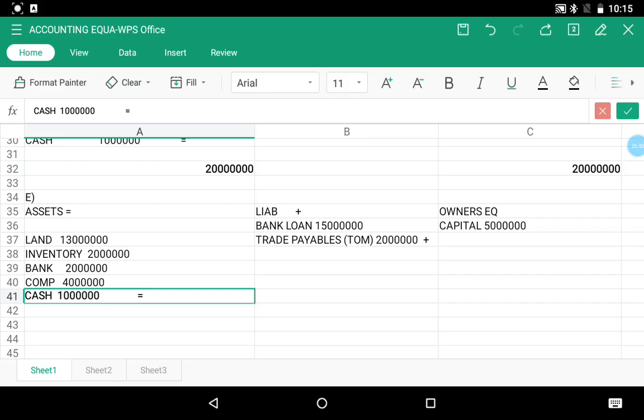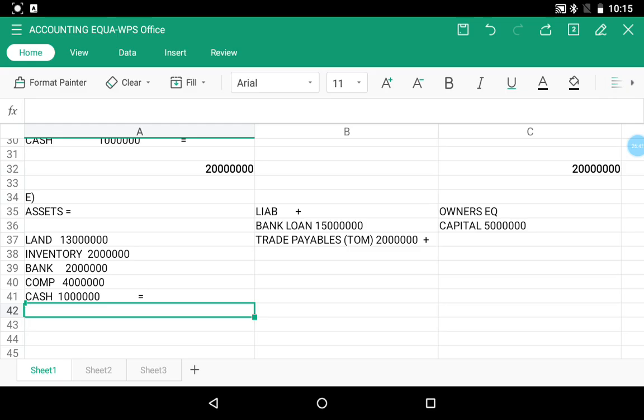It is going to give us 22 million as our total assets.